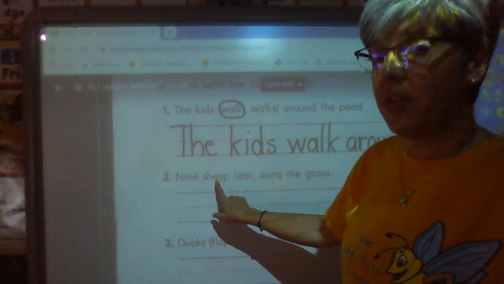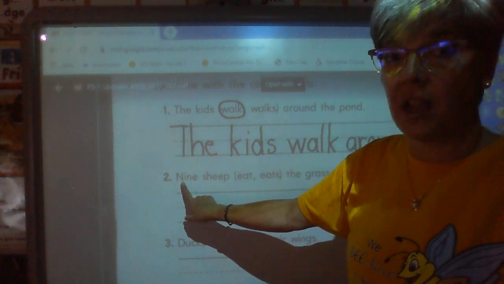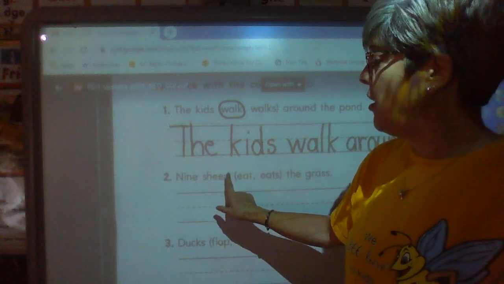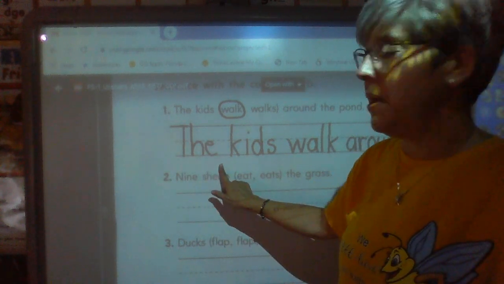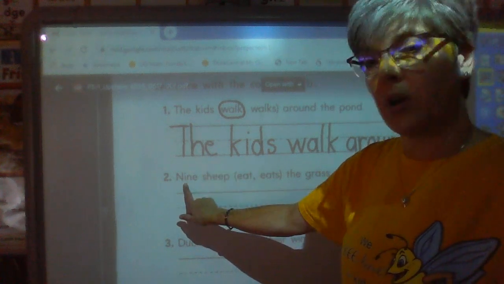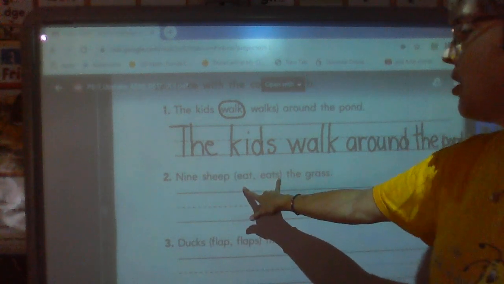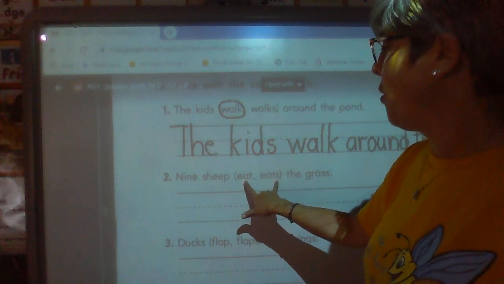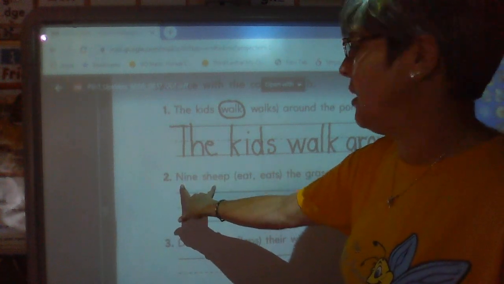The key or the helper word here is the word 9. So 9 tells us that we're talking about a group. So now we know we're talking about not one sheep, but a group of sheep because of the word 9. So when we select our verb, we have to think about which verb would agree with or match a group of sheep.